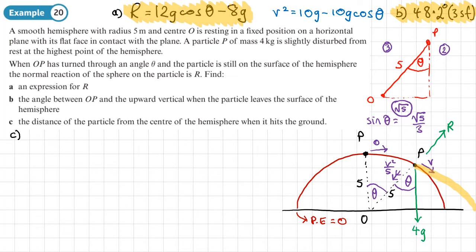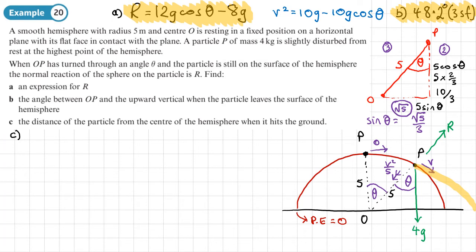So now I can work out the lengths of the sides. So this side here is going to be 5 cos theta, so write that down, 5 cos theta. So that's basically 5 times 2/3, which is 10 over 3. So I've got that distance there. And then for the one at the bottom, that's going to be 5 sine theta.